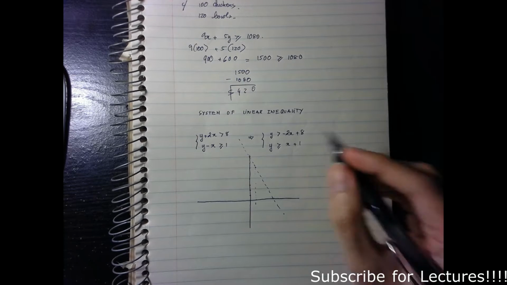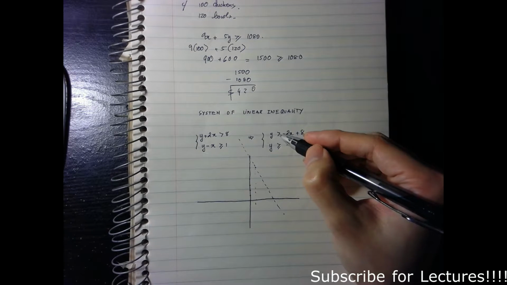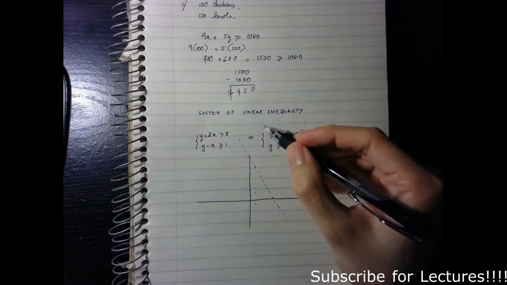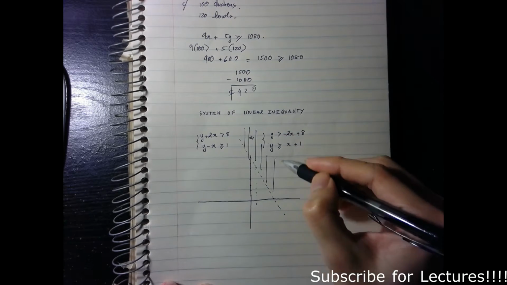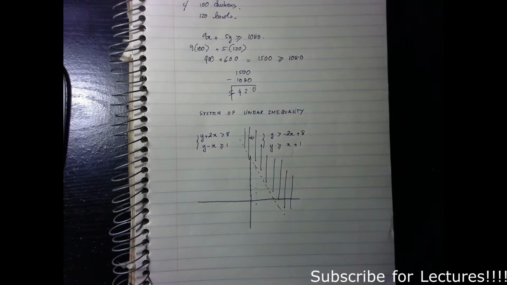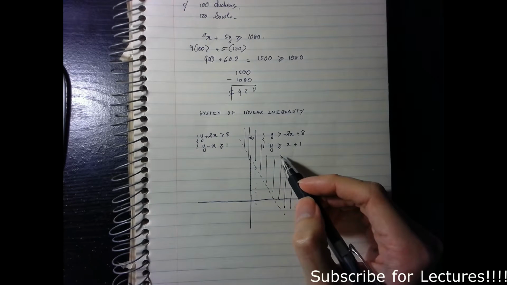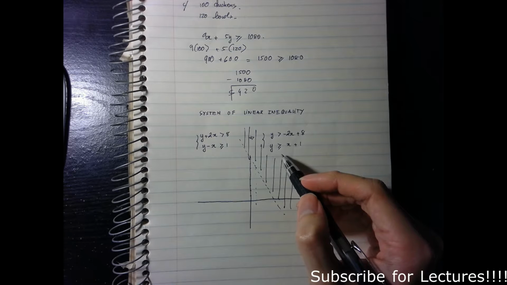And I know this is greater than, so it must be above the line. So I set it above the line. And for the second inequality, I do the same thing, and I know this has a solid line. So we start at y-intercept value 1.